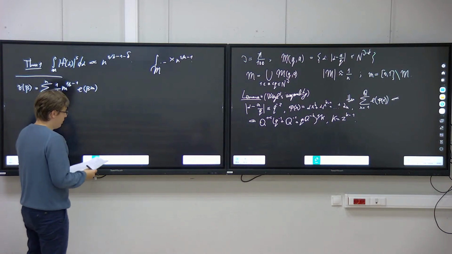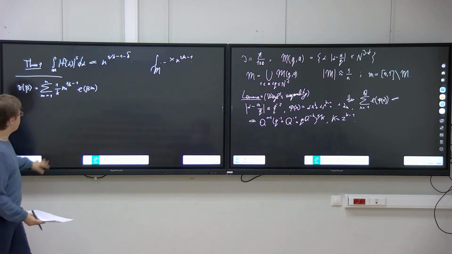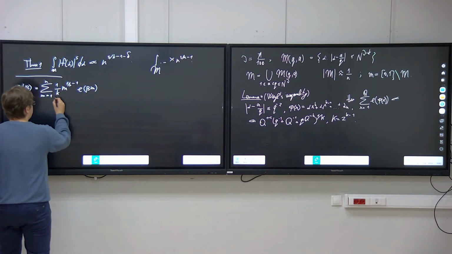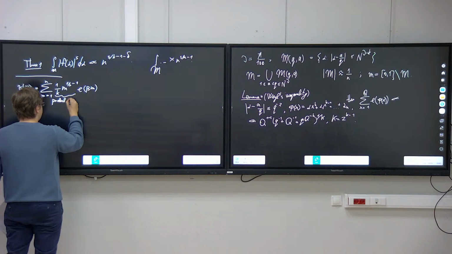And we will evaluate our integral with this v. It may be interpreted like the probability that m is a k-th power.